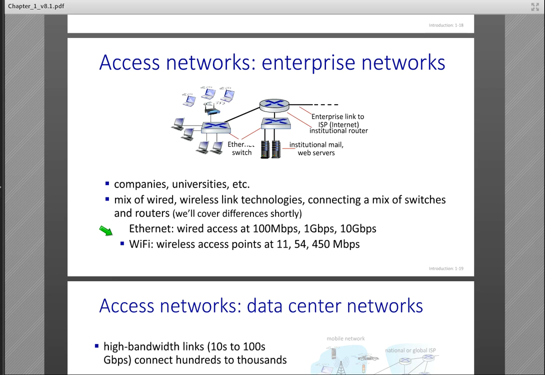Okay, it's dominant. The Ethernet technology has a speed of 100 megabit per second, but today's speed is 1 gigabit and 10 gigabit per second in a LAN.